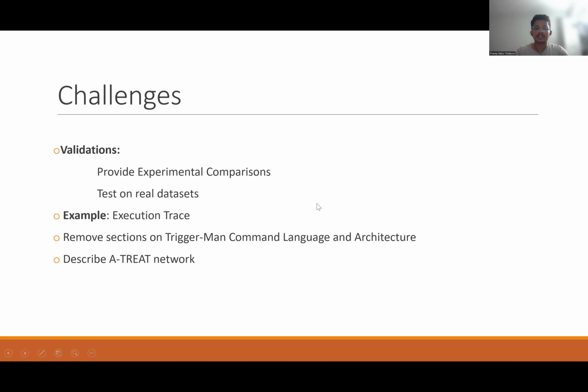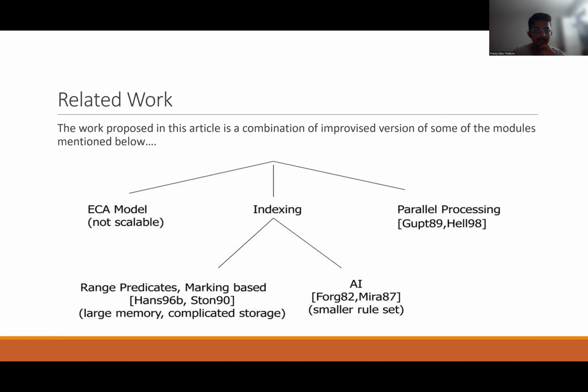in the validations it provides experimental comparisons, and coming to the testing complexity, the complexity is tested on real data sets. An example of this kind of validation is the execution trace. We also remove sections in the challenges, such as the TriggerMan command language and the architecture, and we also describe the A-TREAT network that we have already discussed.